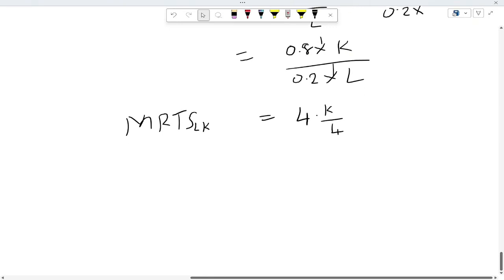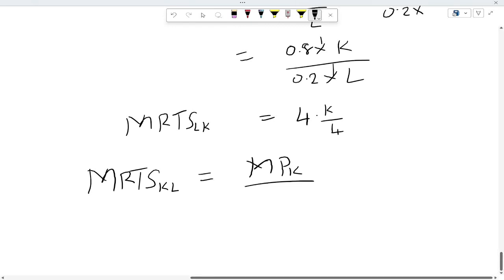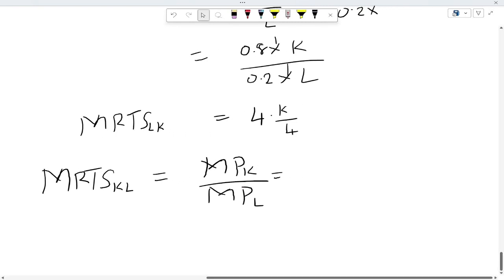Now, you do the same thing for the marginal rate of technical substitution of capital for labor, which is now MPK all over MPL. What you do is just interchange them again.